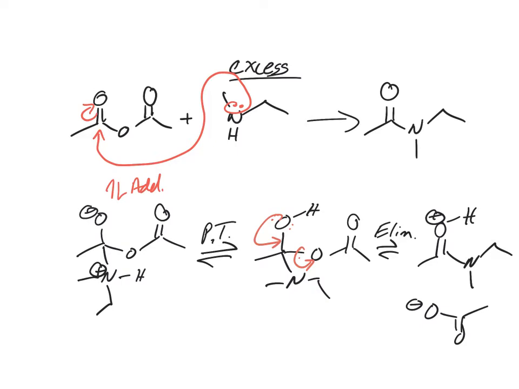Balance our charge. Last step would be just to do a deprotonation. That gets us our final amide product, and then the other product here would be a carboxylic acid. Good.